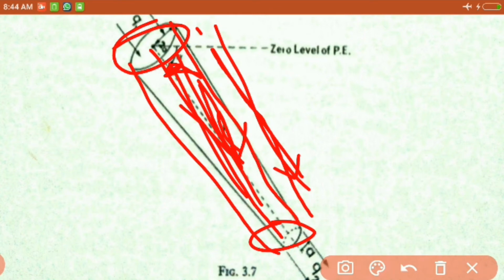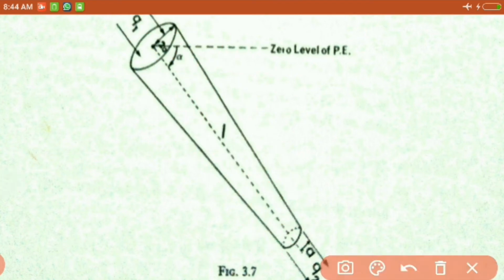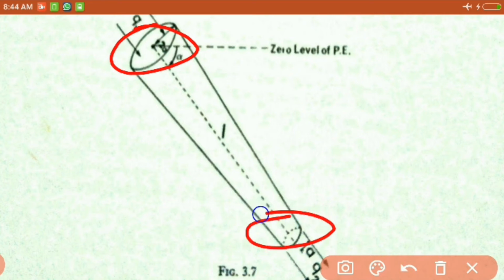The section at upper end and the section at lower end: the radius of the upper section is twice the radius of the lower section. So the radius of the lower section is A, and the radius of the upper section is 2A.